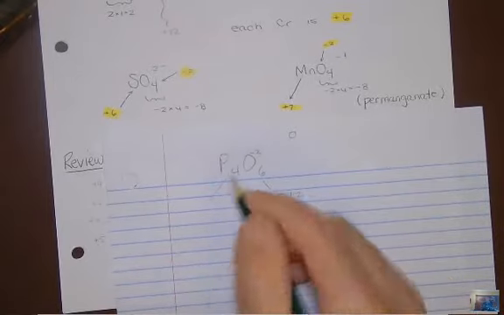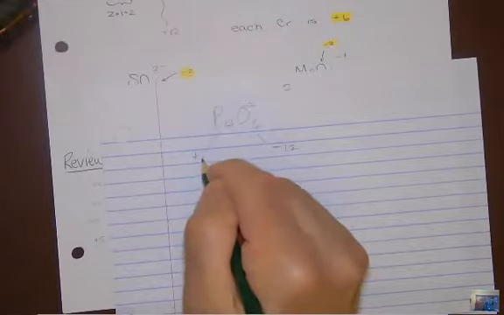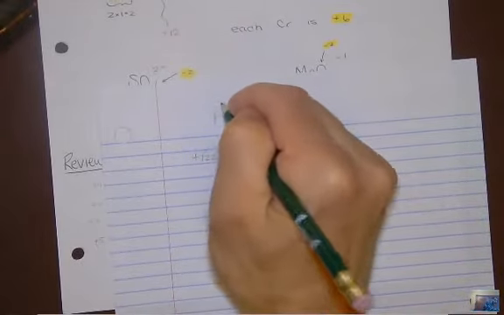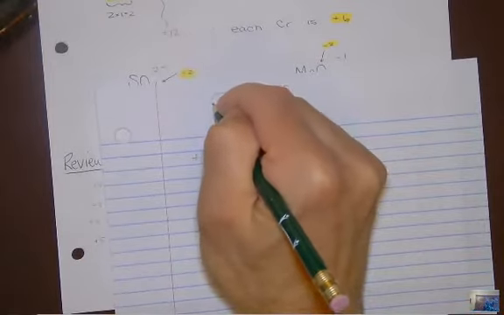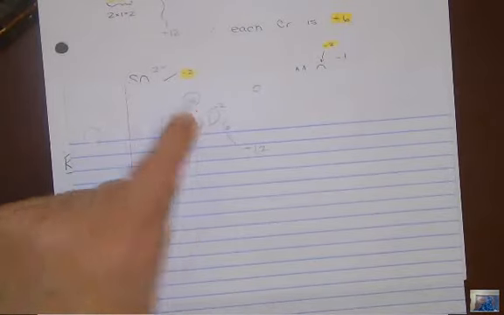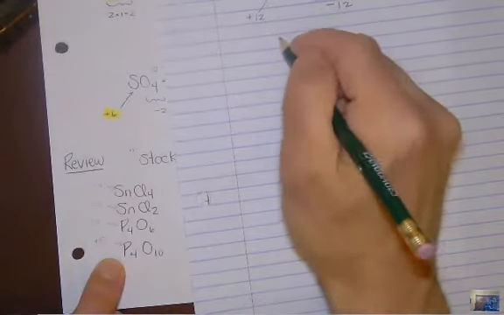So that means all of those 4 phosphorus together have to be +12, right? Well, 12 divided by 4 is equal to 3, right? Each phosphorus has to be a +3. So the oxidation state on phosphorus in P4O6 is +3, okay? And the last compound, what about this one?